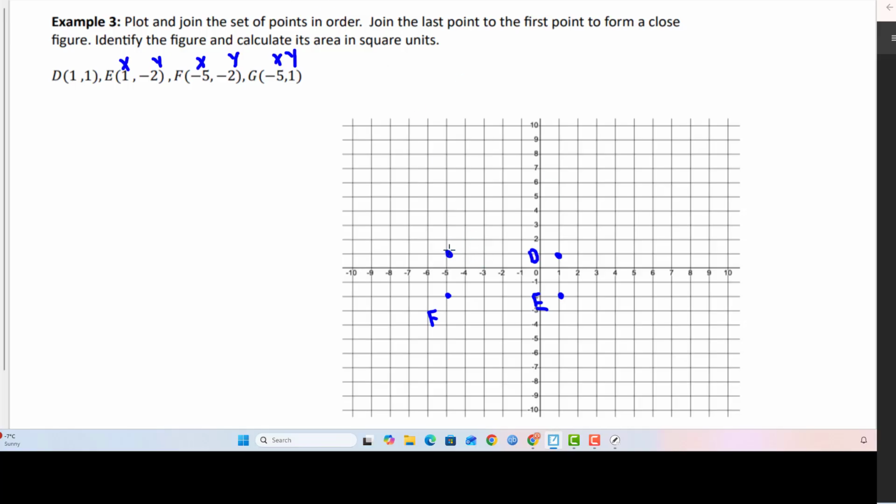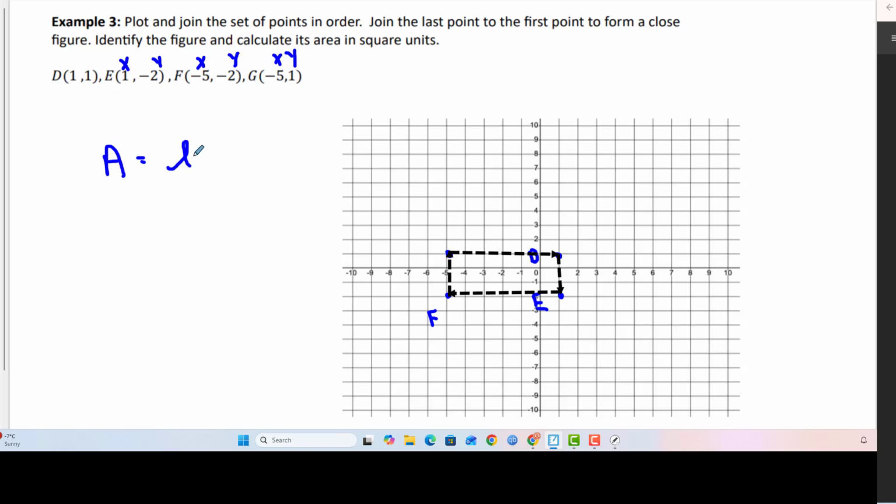And they said to connect the last one to the first one and connect them in order. So my lines are probably not very straight, but I'm sure that's supposed to be a rectangle. Straighten that out a little bit. No, that's fine. So if that is a rectangle, how do I calculate the area?